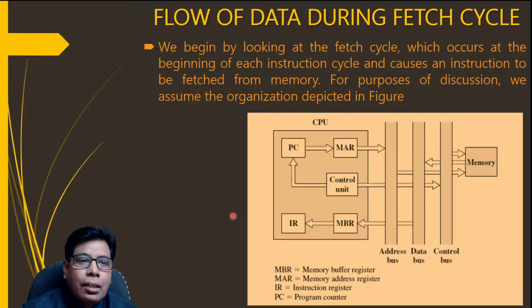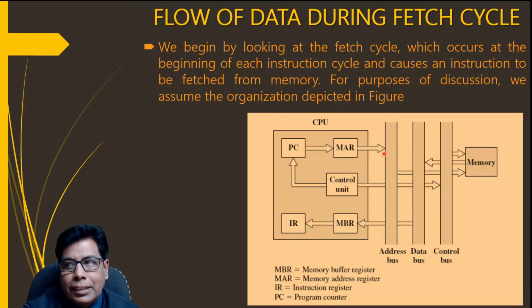We assume this is the processor organization. Here you can see the CPU or processor. It has the memory address register, MAR, which is connected to the address bus. The address bus carries the address in memory for a read or write operation.